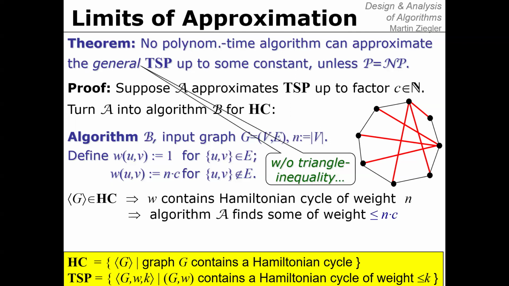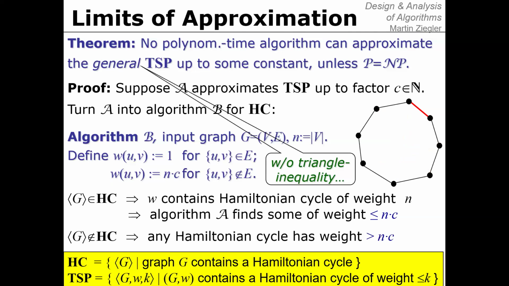By hypothesis, the approximation algorithm A then finds a tour whose weight is at most factor c larger. So its tour weight will be at most n times c, by the guarantee of being a c-factor approximation algorithm in polynomial time.